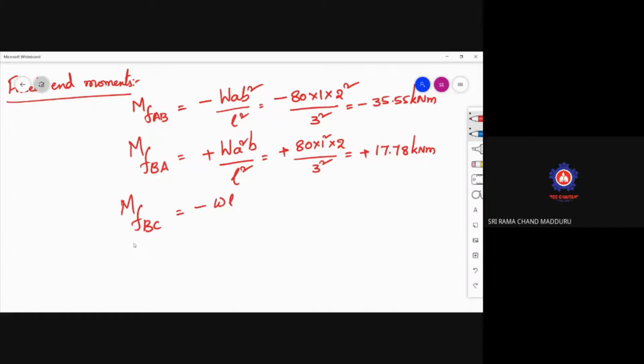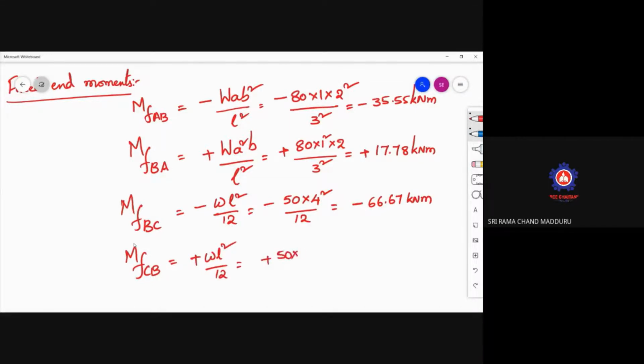Minus WL square by 12, which is 50 into the length 4 square by 12, minus 66.67 kilonewton meter. MFCB is plus WL square by 12, which is plus 50 into 4 square by 12, plus 66.67 kilonewton meter.